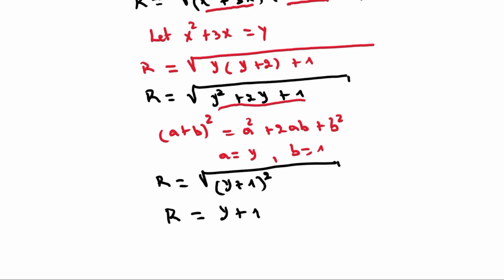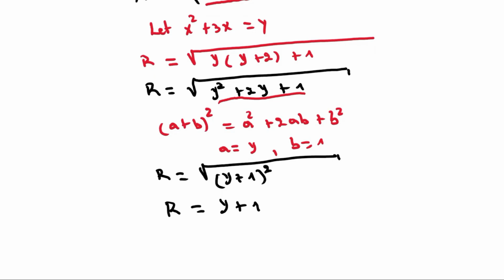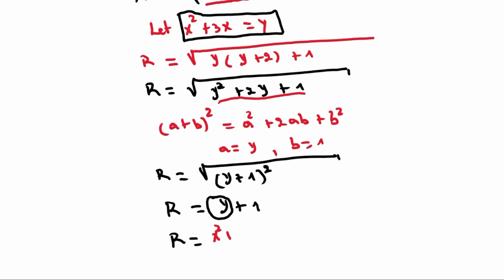I'm going to replace back y by its value, y equal to x squared plus 3x. So we will have r equal to x squared plus 3x, and then plus 1.